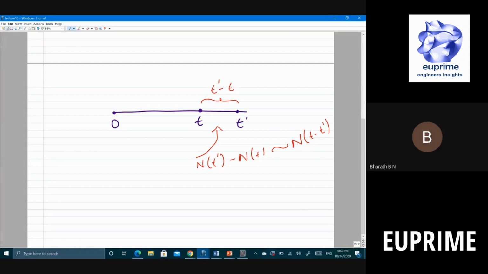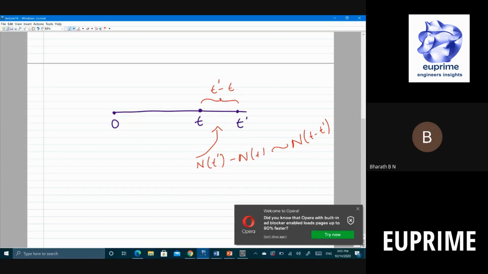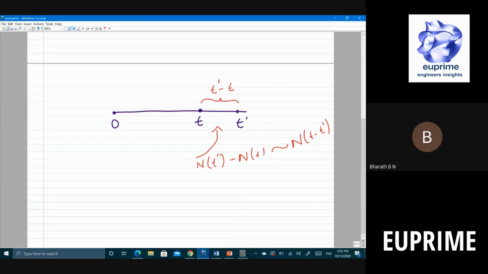So only arrivals are counted. A person can leave, they can do whatever, but I'm just looking at the arrival process. Of course, I can also look at the departure process; instead of arrival, I can change it to departure, there's no harm in doing that.